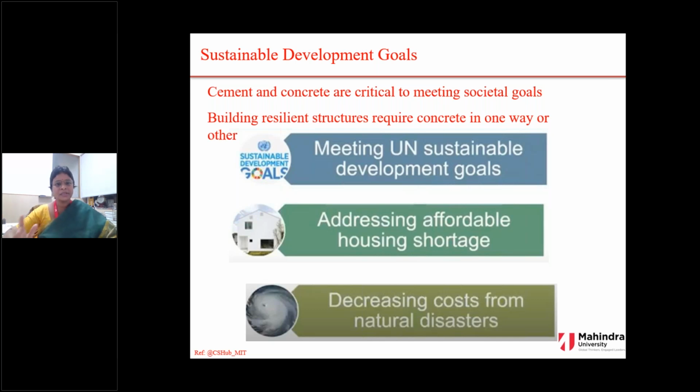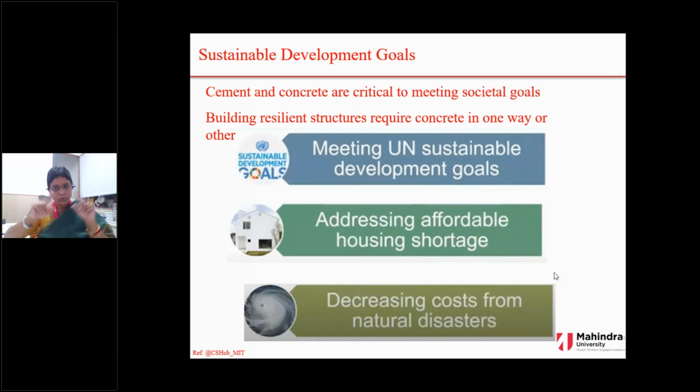In order to build resilient structures and meet societal goals, for example, I've listed some of them here: the Sustainable Development Goals of the US, addressing housing shortage, or decreasing costs from natural disasters, etc. We require concrete.